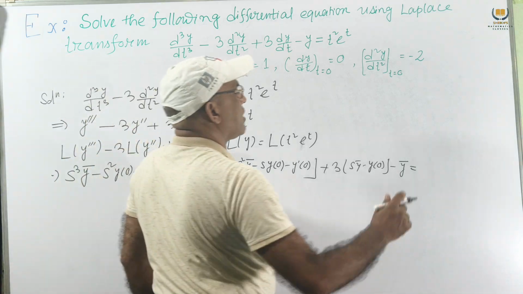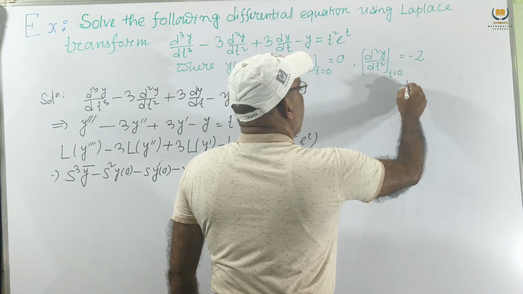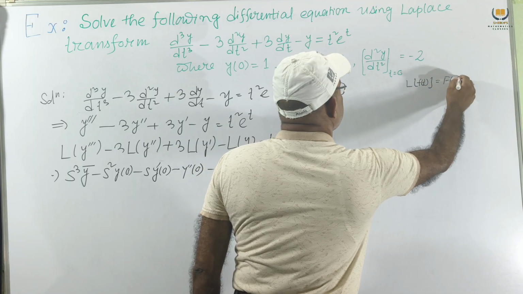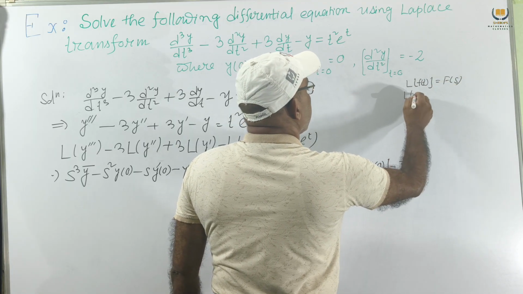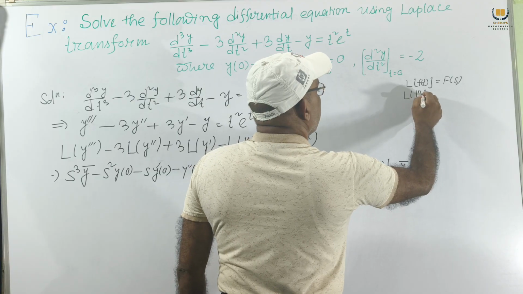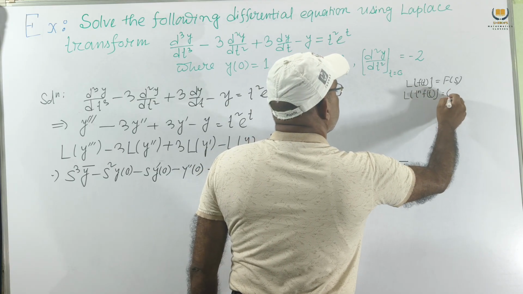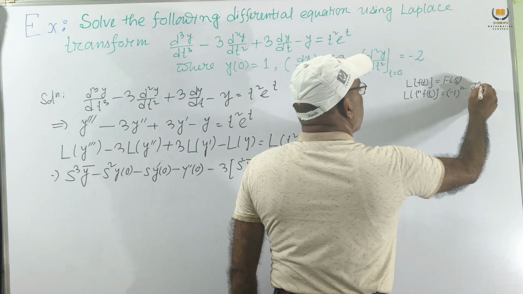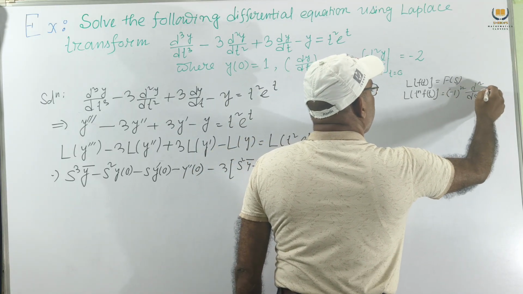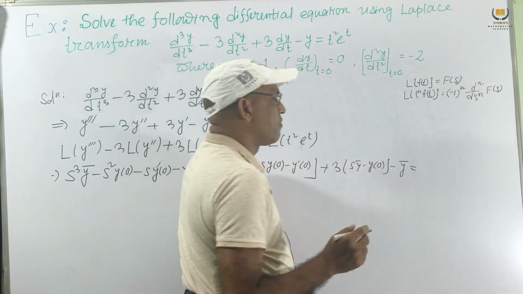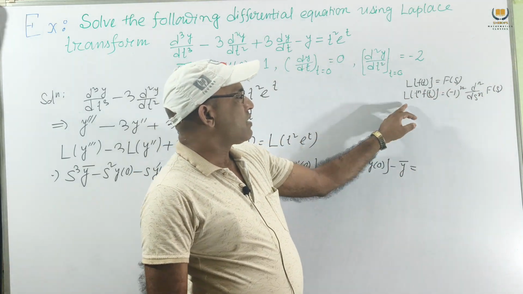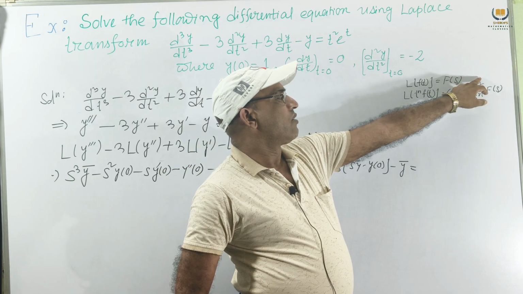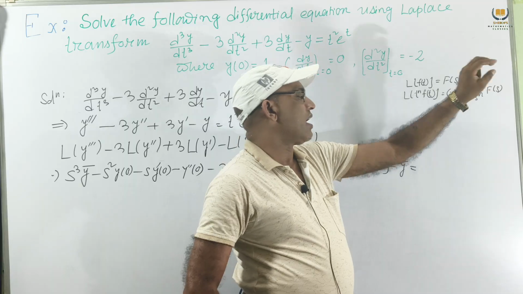We know the original formula: L of f(t) equals F(s). If we multiply by t to the power n, then this is minus 1 to the power n, d^n/ds^n of F(s).